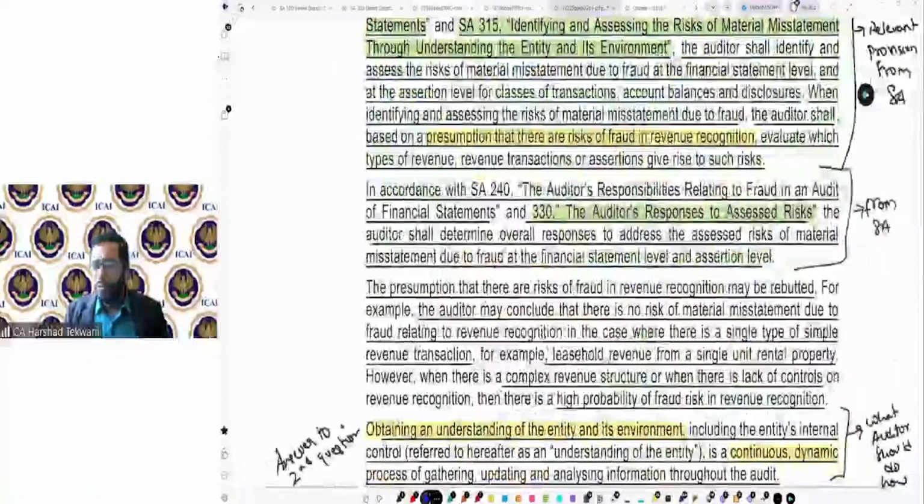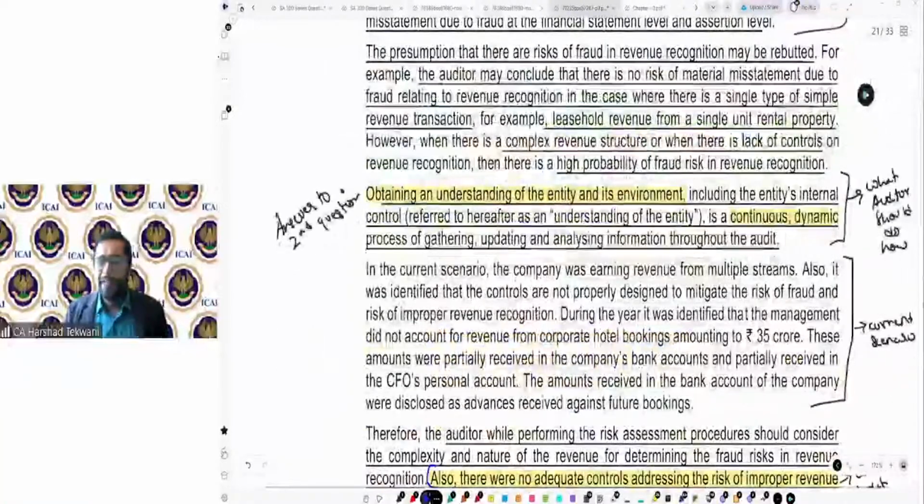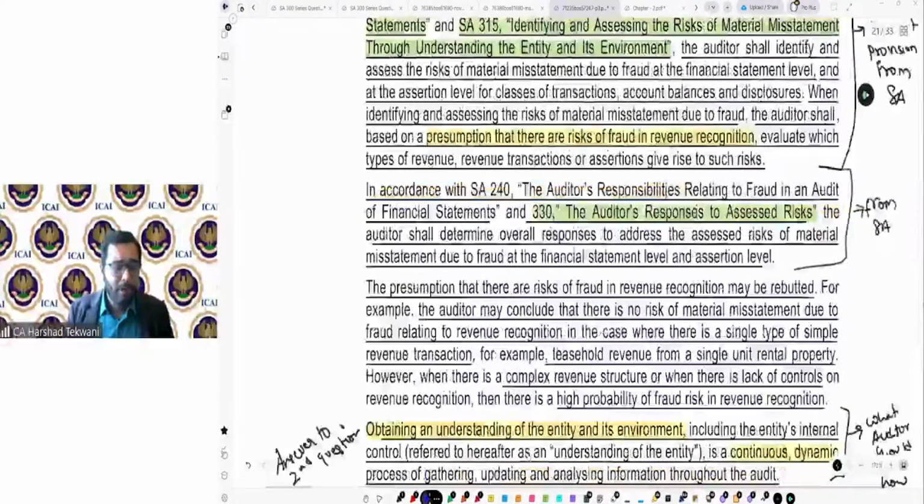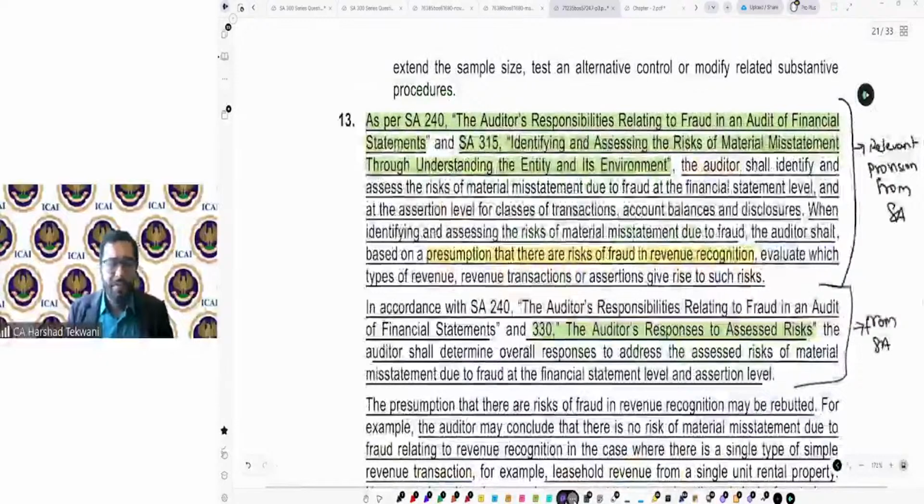This was something asked. This is RTP 22. Again, this could have been asked in the exam for 5 marks. Are you clear how to write the answer in the exam? Focus on the keywords over here: identifying and assessing the risk of material misstatement due to fraud at the financial statement and the assertion level.